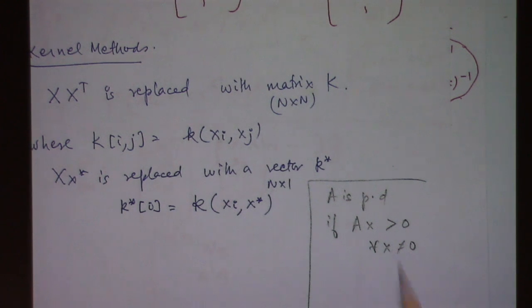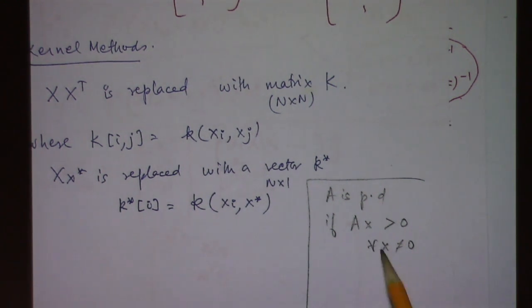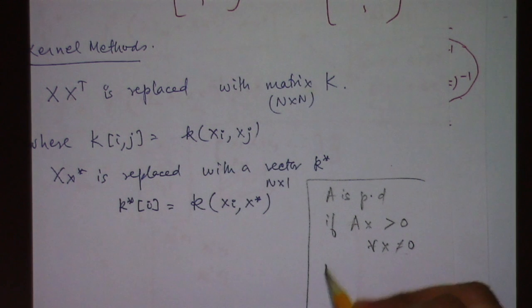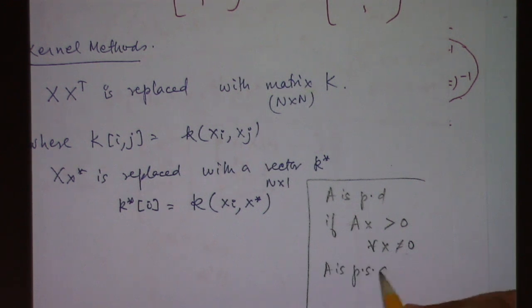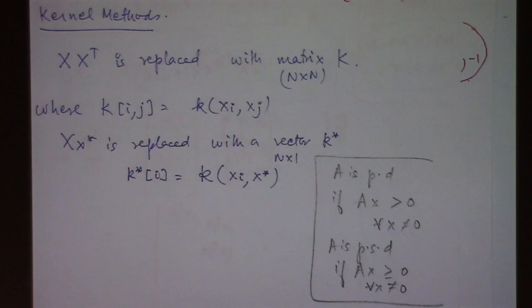And A is positive semi-definite if x^T A x is greater than or equal to 0 for all x. It's very easy to show that if A is positive semi-definite and you add a diagonal matrix with positive values on the diagonal, that will become positive definite. You can do that very easily with this formulation. But that is the requirement for any kernel function.